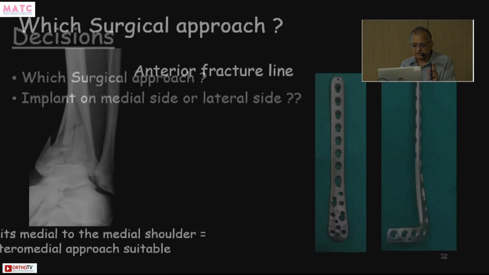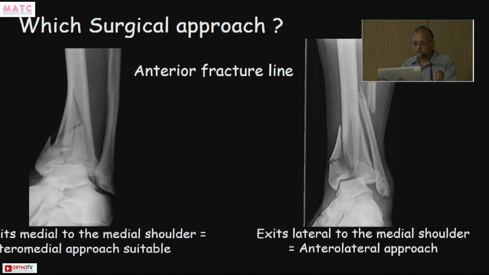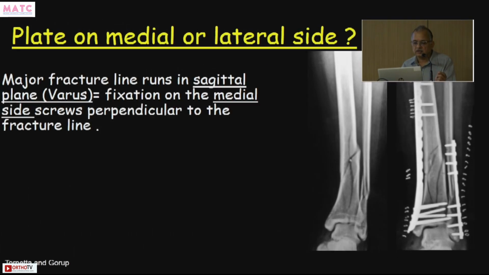So apart from this, the most important is, where is your anterior fracture line exiting? If it exits medial to the medial shoulder, prefer an anteromedial approach. If it exits lateral to the medial shoulder, prefer an anterolateral approach. To make it more simple, if the major fracture line runs in a sagittal plane, usually they are associated with a varus angulation.